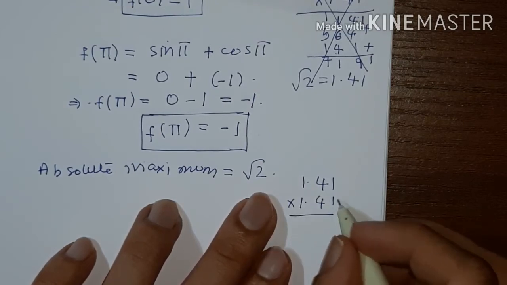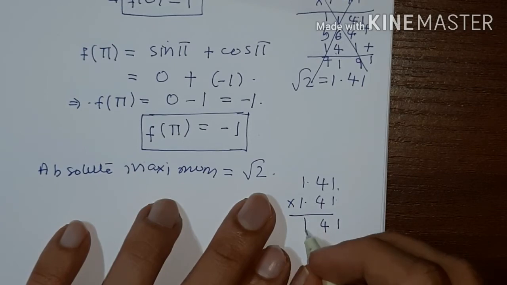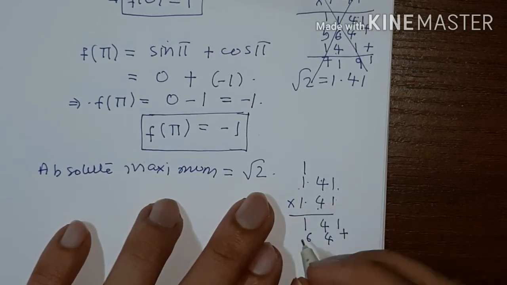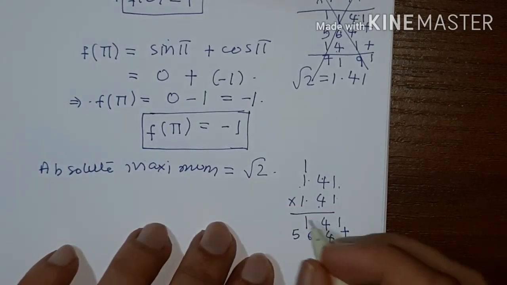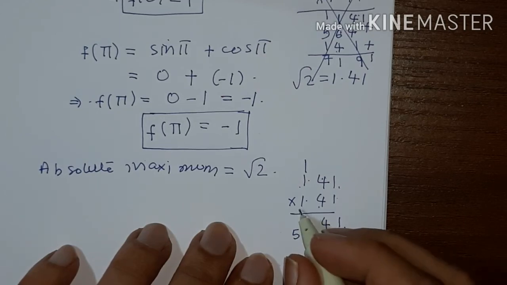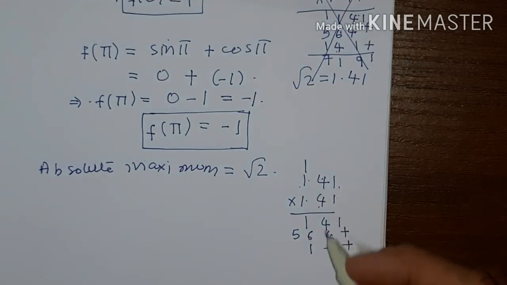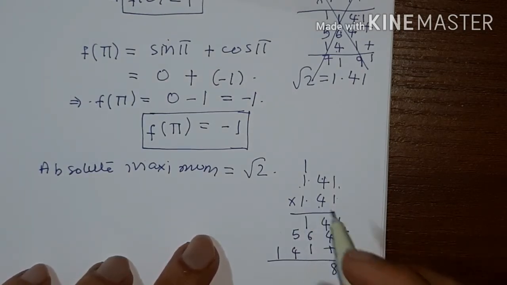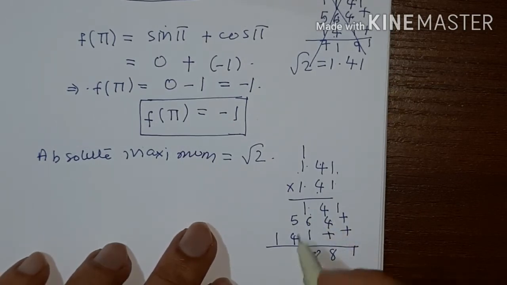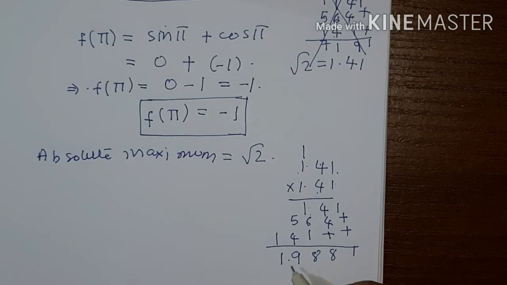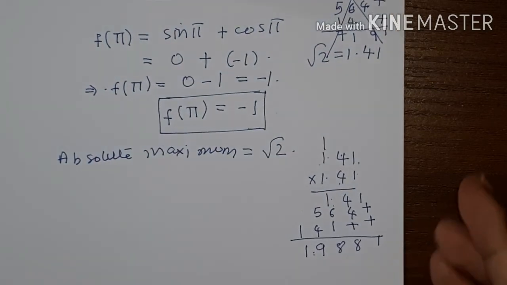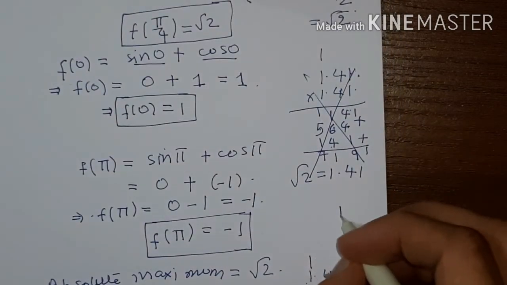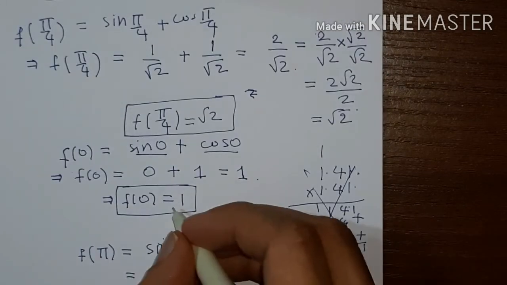1.41 is the root of 2, right? So you can see that this 1.41 is greater than this one here.